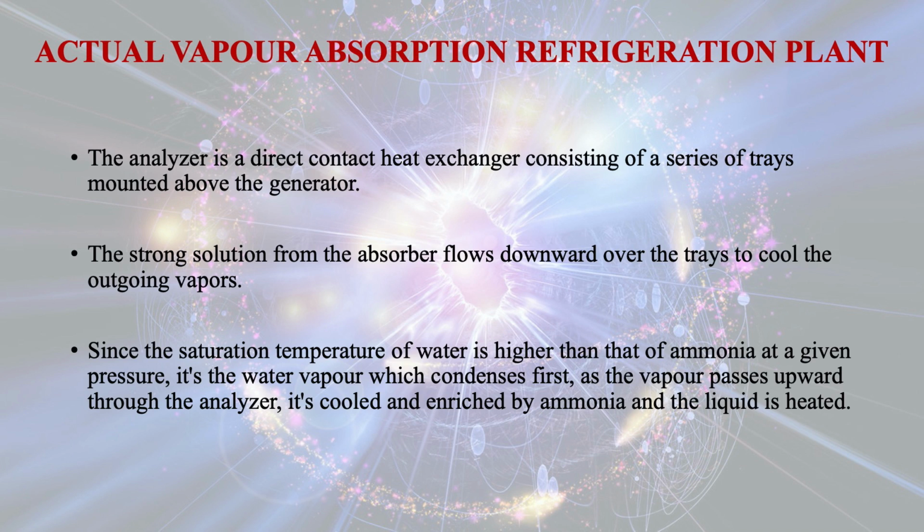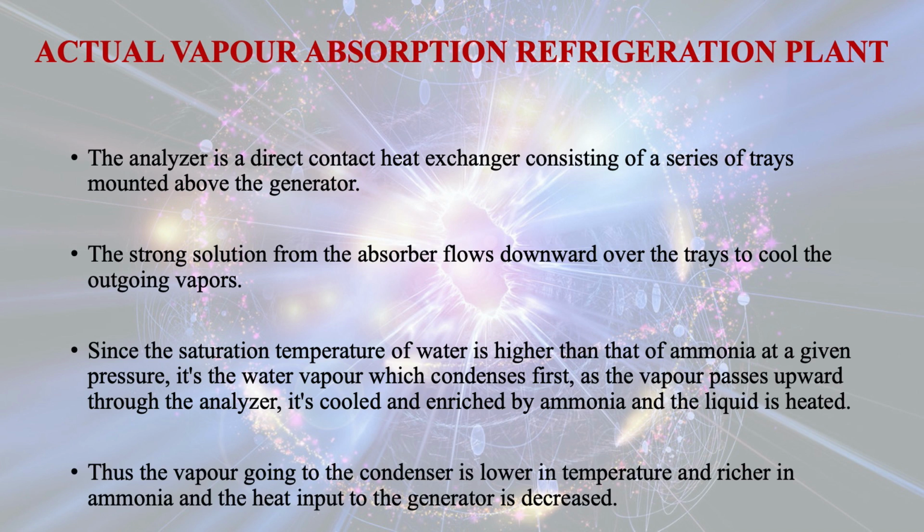As the vapor passes upwards through the analyzer, it's cooled and enriched by ammonia and the liquid is heated. Thus, the vapor going to the condenser is lower in temperature and richer in ammonia, and the heat input to the generator is decreased.